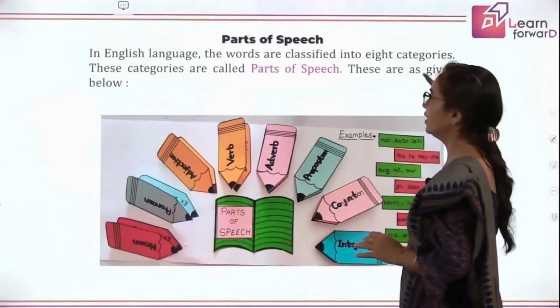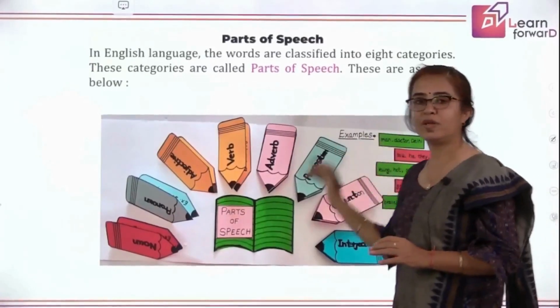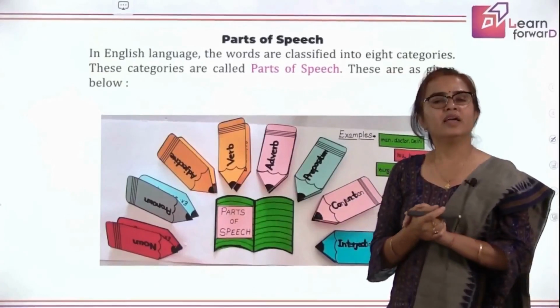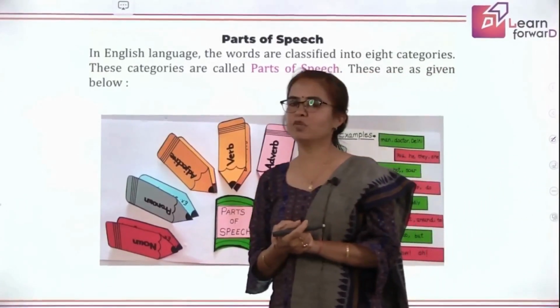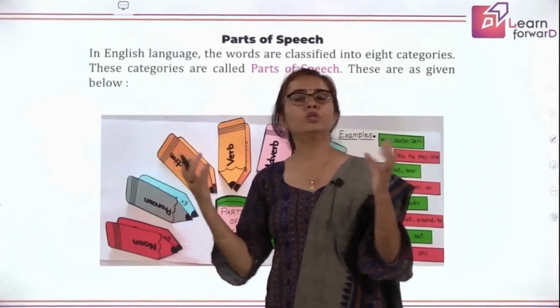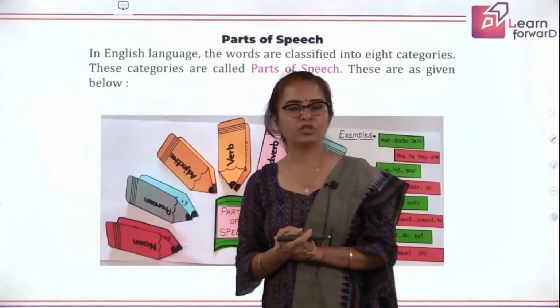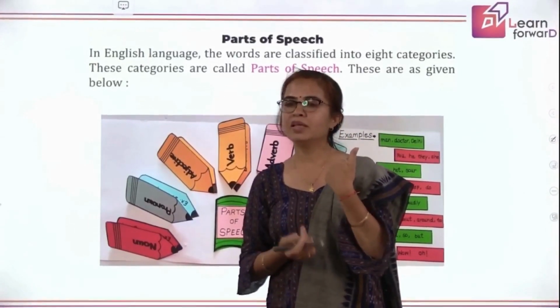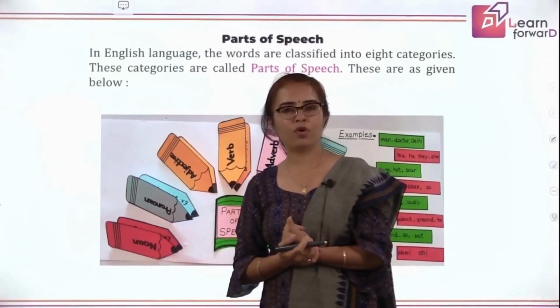Let's move ahead now. This is very interesting. Students, just like we have different parts of body, and when you put those different parts of body together, we get a human being. Can you just name some of your body parts?